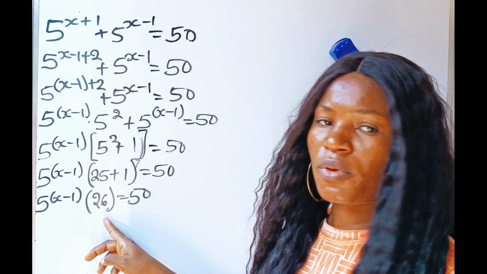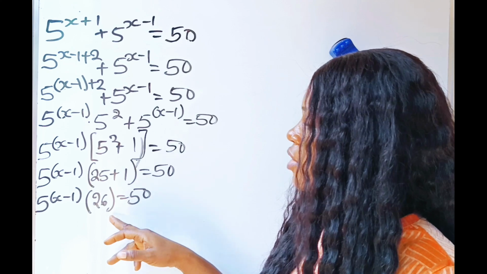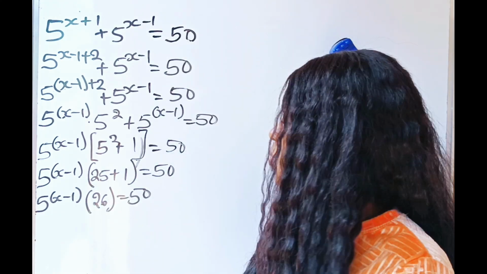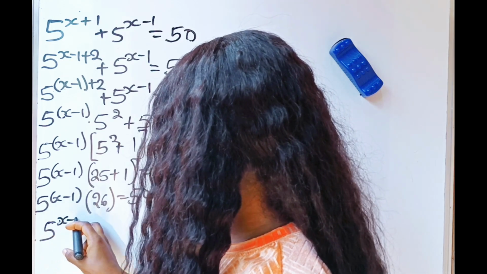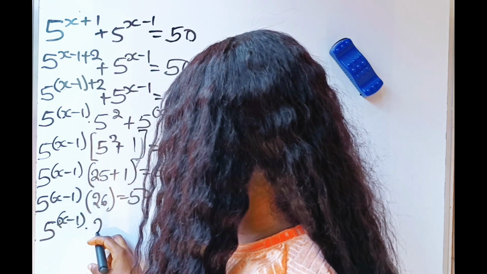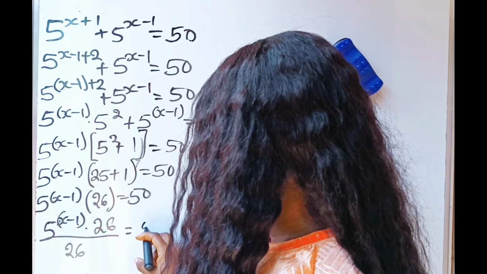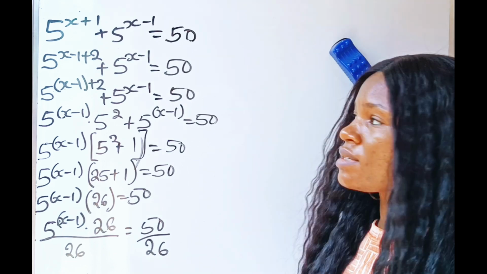Now I want to eliminate this 26, and the only way to do that is to divide both sides of this equation by 26. So we are going to have 5 to the power of x minus 1 multiplied by 26 divided by 26 is equal to 50 divided by 26.